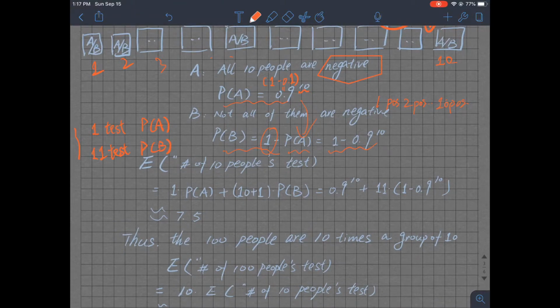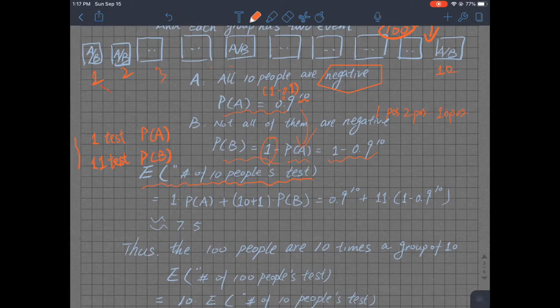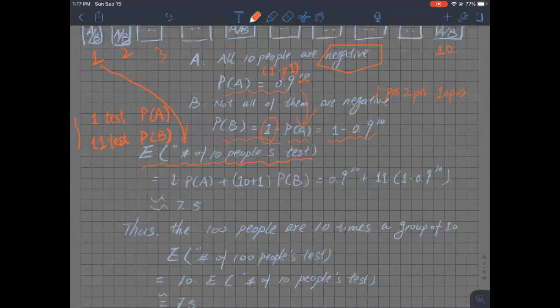Then we can get the expectation of the tests for 10 people. This is like a simple example for the whole event. We calculate 1 multiplied by the probability of A happening, plus 11 multiplied by the probability of B happening. Then we can get the result.